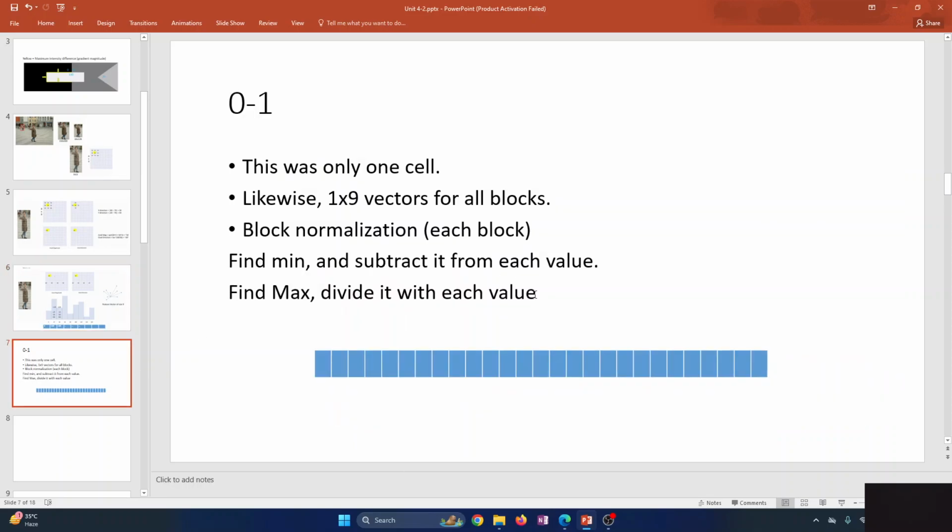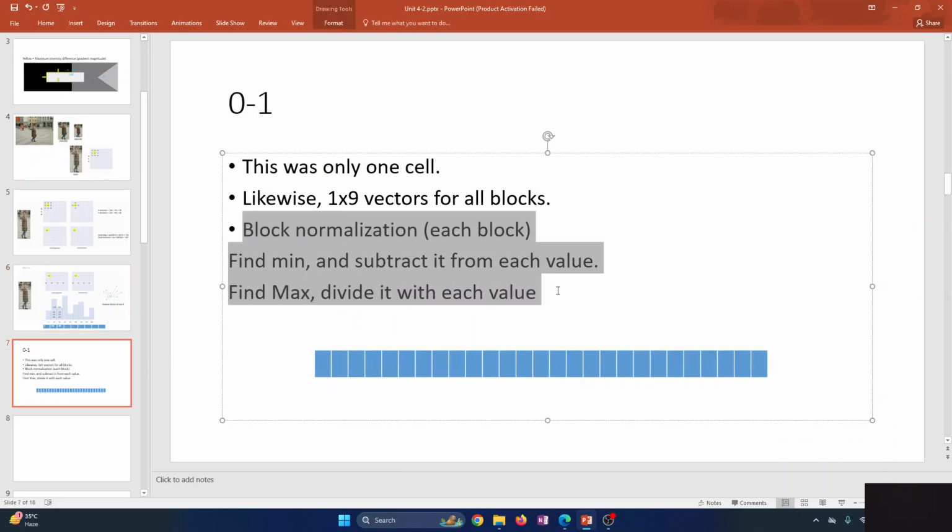Now, what is the procedure of normalization? There are only two steps. The first step is to find the minimum out of all the cells in the block and subtract it from each value of the block.